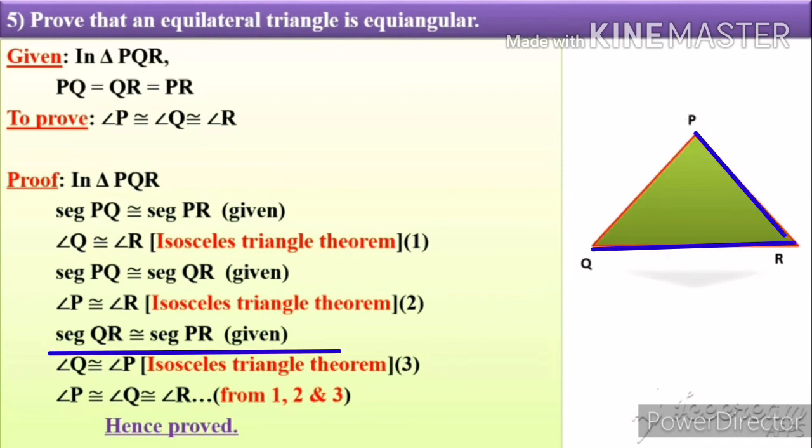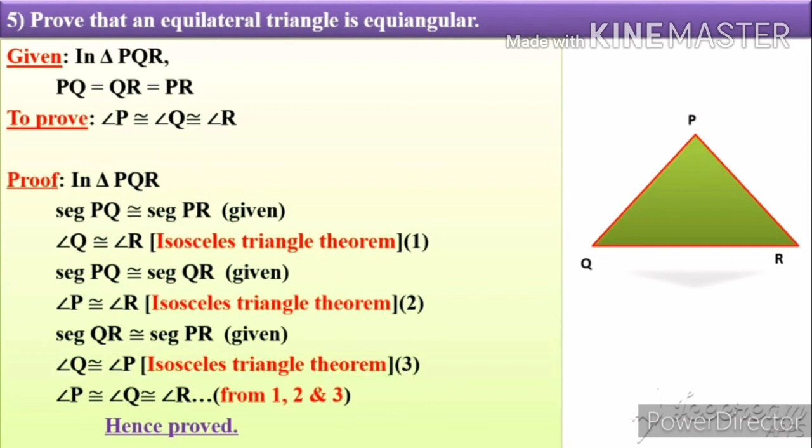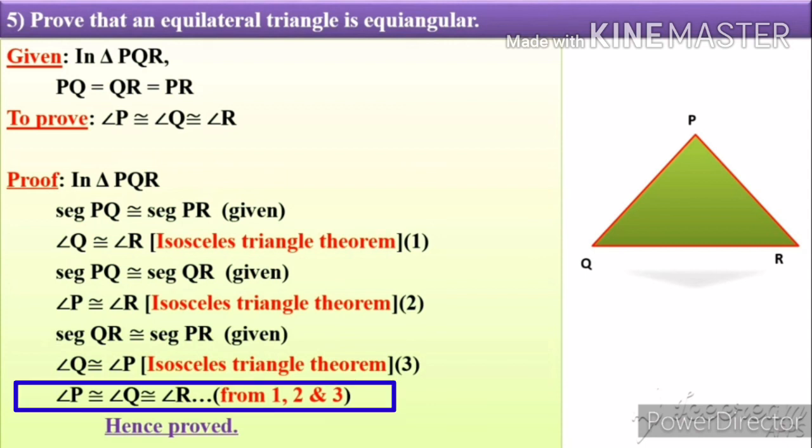Segment QR is congruent to segment PR, it is a given information. By isosceles triangle theorem, angle Q is congruent to angle P. Give the equation number 3. From the equation 1, 2, 3, we get angle P is congruent to angle Q and angle Q is congruent to angle R. Here we have proved.